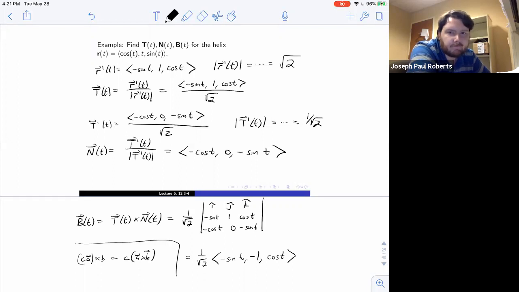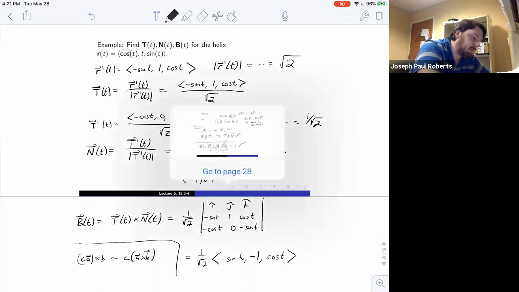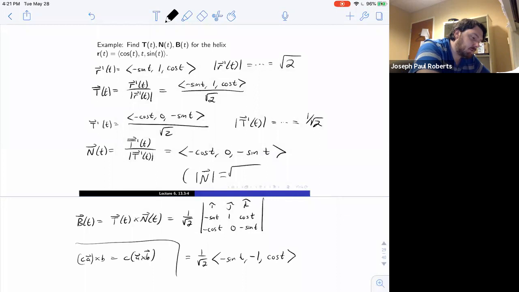Okay. Question is, should N have a root 2? No. So it went away. Sorry I didn't show that, but when I do T prime over the length of T prime, they cancel. But the reason I'm also very confident of it is that if I do the length of N, I get the square root of cosine squared t plus sine squared t, which is 1.